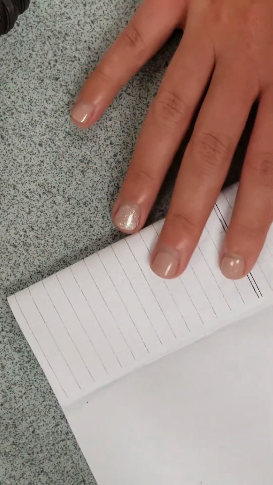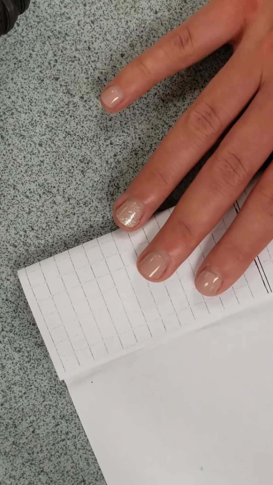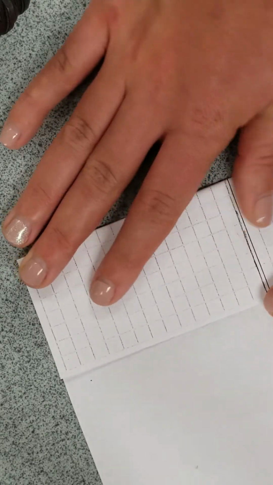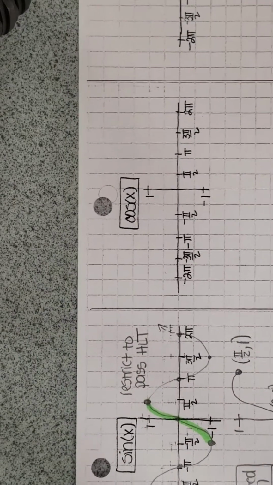So if you want to take your paper and fold the bottom half in half, you'll get nice spacing for the remaining two graphs.